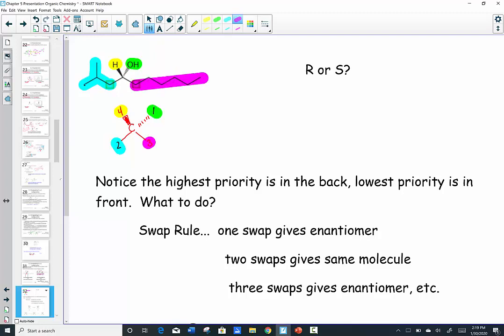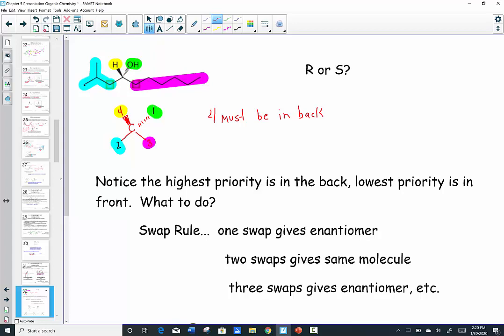So I have 4 priorities. But remember, before I can assign the R or S configuration, priority 4 must be in the back. And right now it's coming out at me, right? The hydrogen is a wedge. We want it to be a dash.